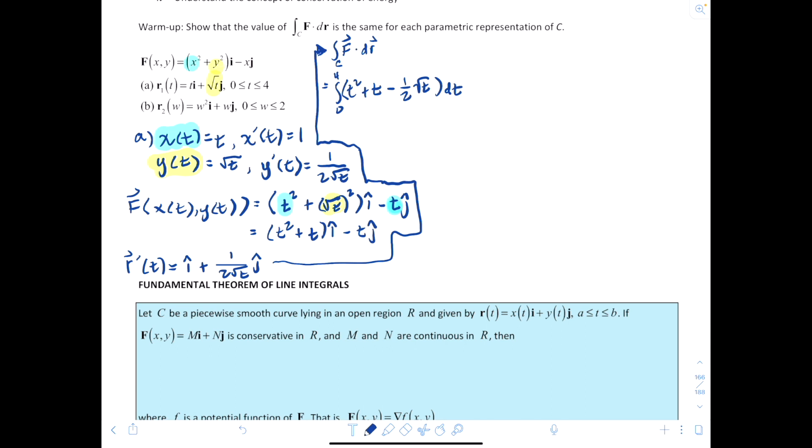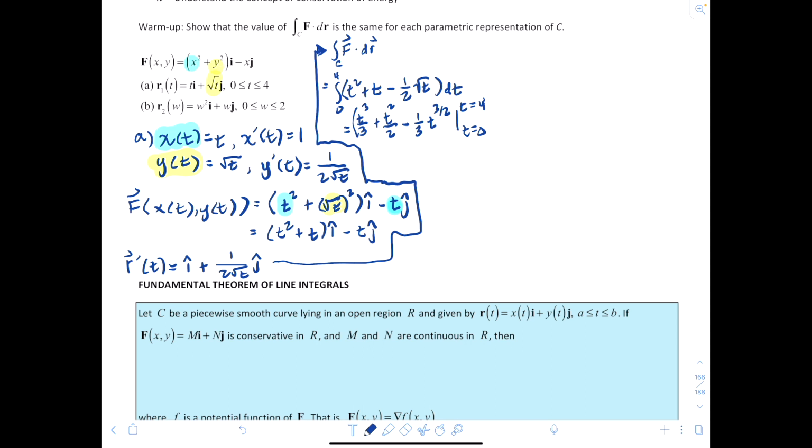All right, so this will be equal to t cubed over 3 plus t squared over 2 minus 1/3 t to the 3 halves, the 2's divide out, from t is 0 to t is 4. So notice that at the lower limit, everything will zero out.